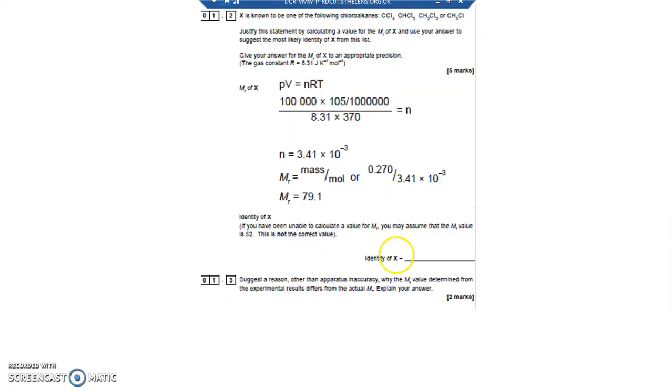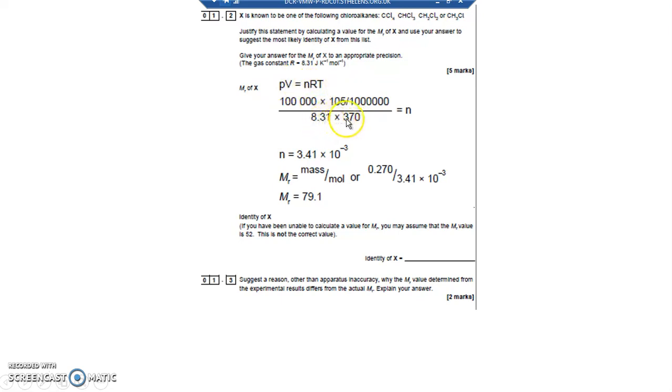That needs to be in meters cubed. Centimeters cubed going up into decimeters cubed, you divide by 1,000. Decimeters cubed going up into meters cubed, you divide by 1,000 again. So it's 105 divided by 1,000 divided by 1,000 again, giving the volume in meters cubed. So that's pressure times volume, divided by RT to leave n.